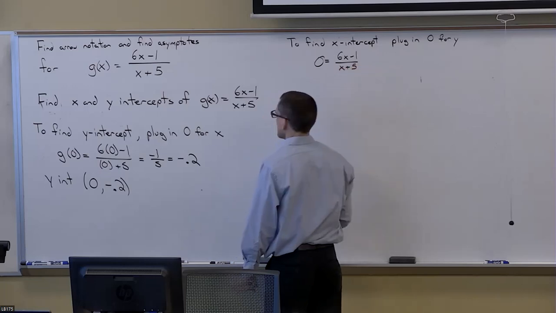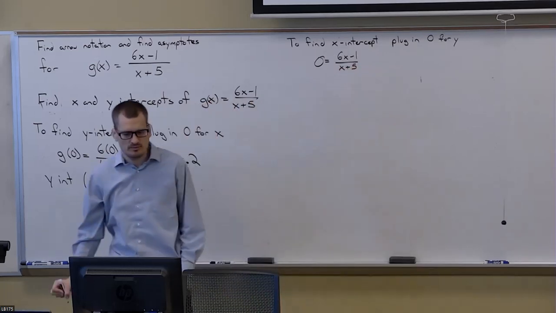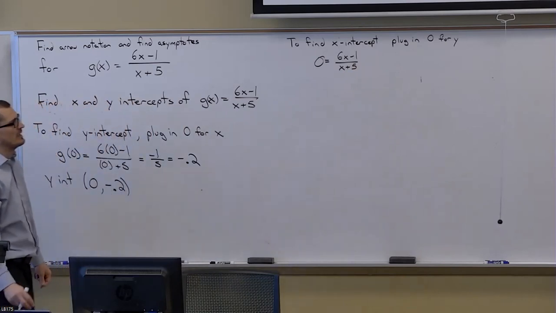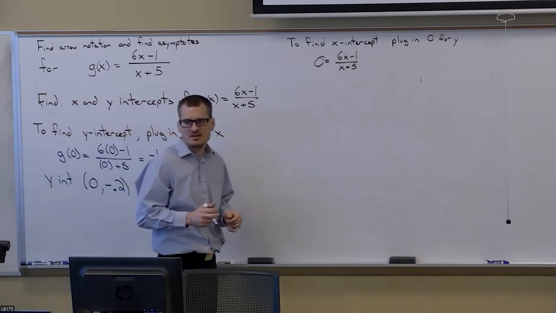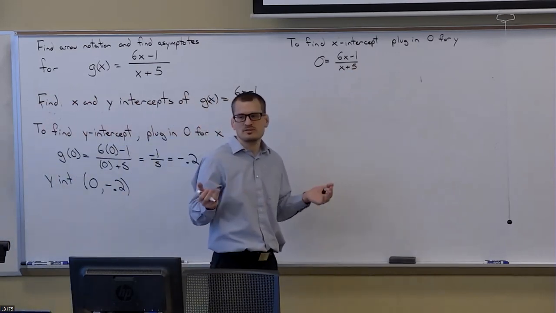So we get the fraction (6x minus 1) divided by (x plus 5) is equal to 0. How am I going to solve that? Multiply both sides by x plus 5, yeah.